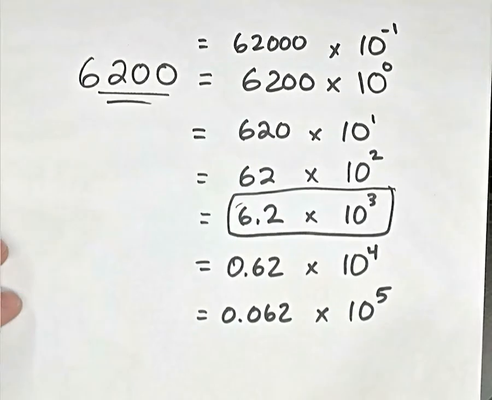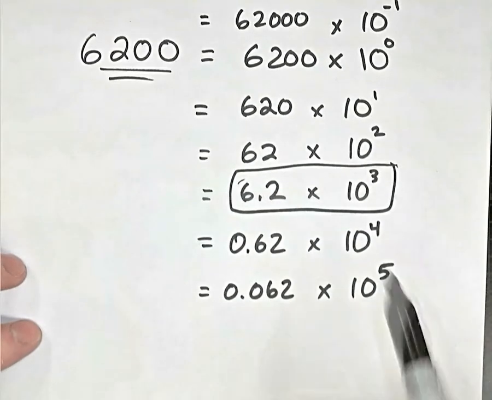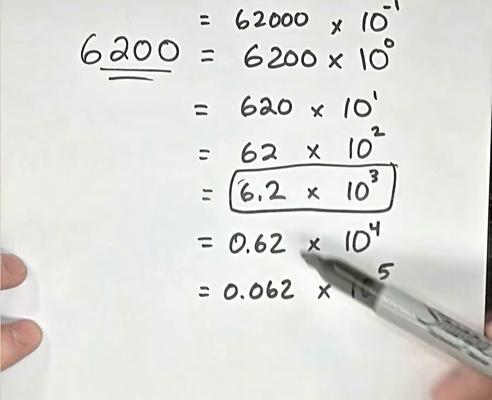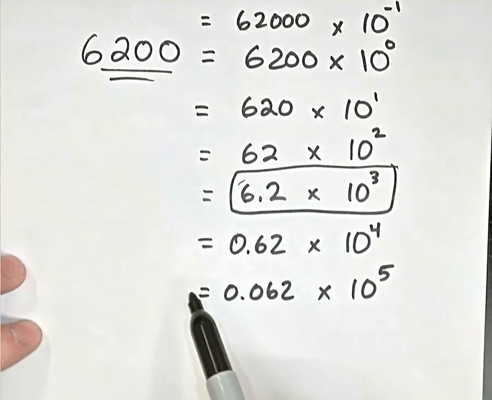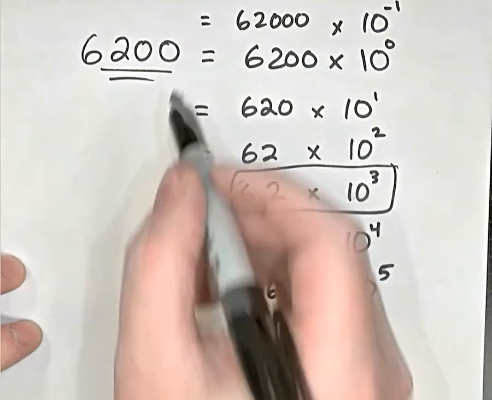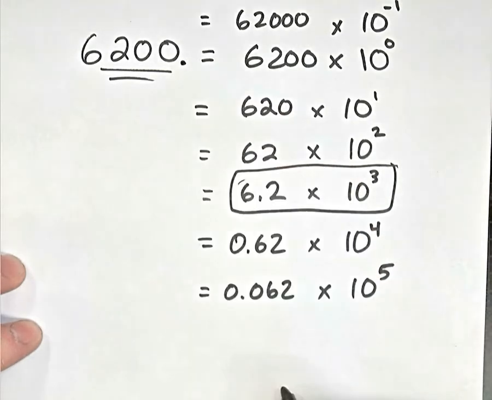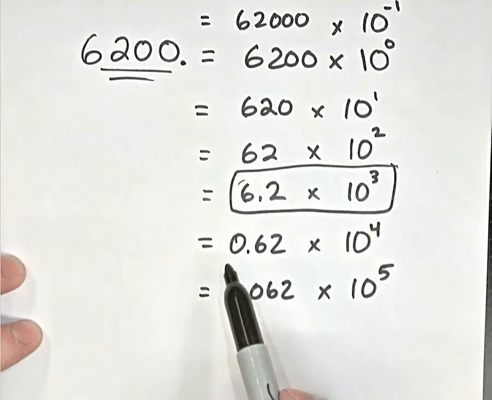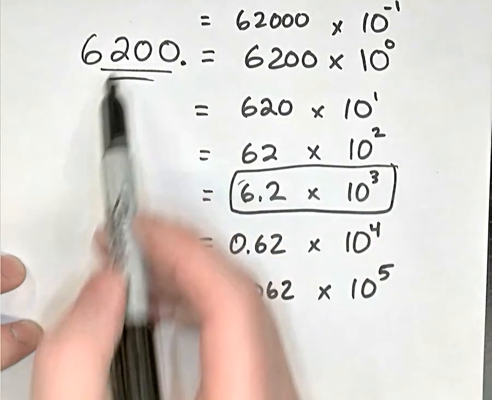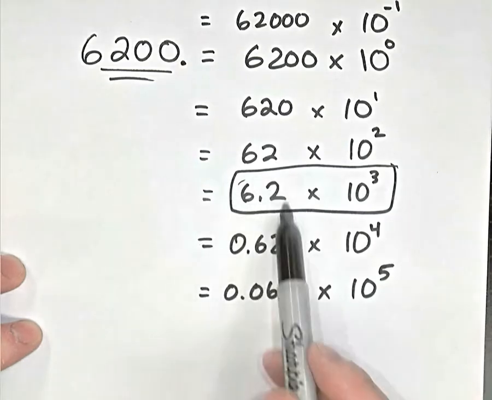Now, how would you get that answer in scientific notation without doing all of this pattern here? Well, look back at the number 6,200. If you wanted to write it in scientific notation, its decimal is over here at the end right now, 6,200 with a decimal at the end. You would move the decimal until you get a number between 1 and 10.